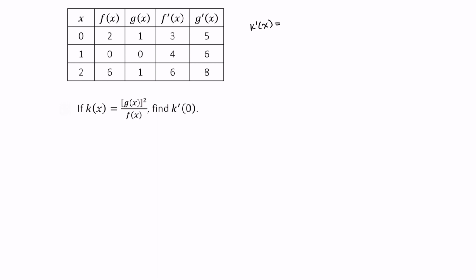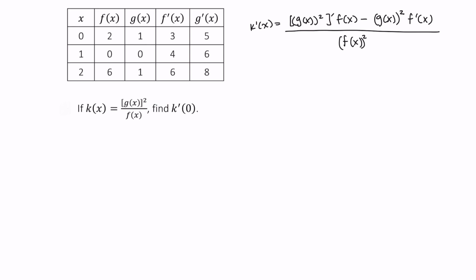So we want to take the derivative of the numerator, so g of x, quantity squared, times the denominator minus the numerator, g of x, quantity squared, times f prime of x over the denominator squared. All right, so let's continue simplifying this, namely this part here.